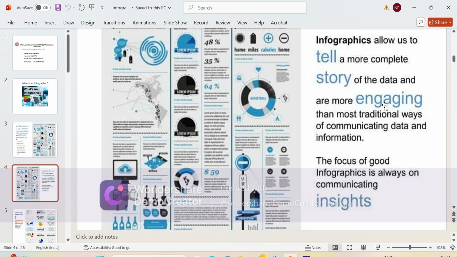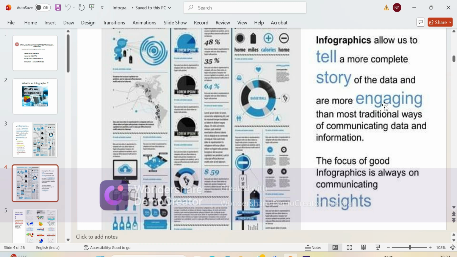It allows us to tell a more complex story of data and is more engaging than most traditional ways. Rather than presenting each piece of information in a different manner, putting it on one same screen or in one presentation, the entire information is considered here as the infographic.